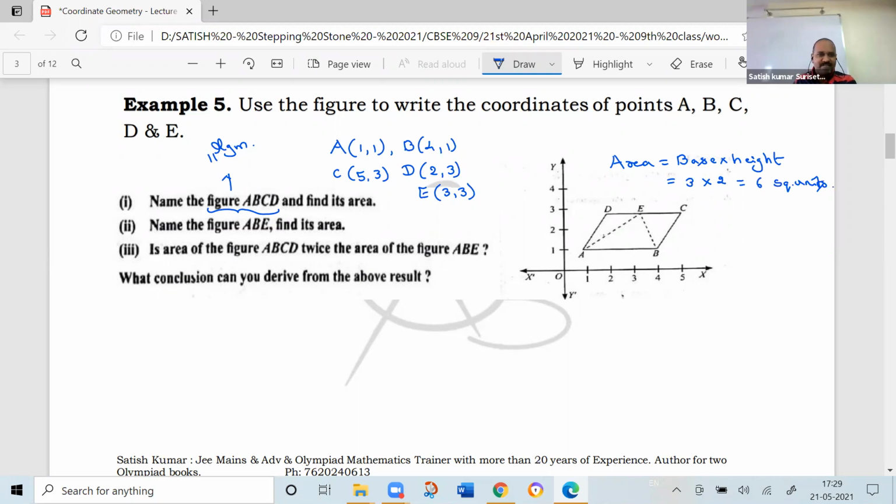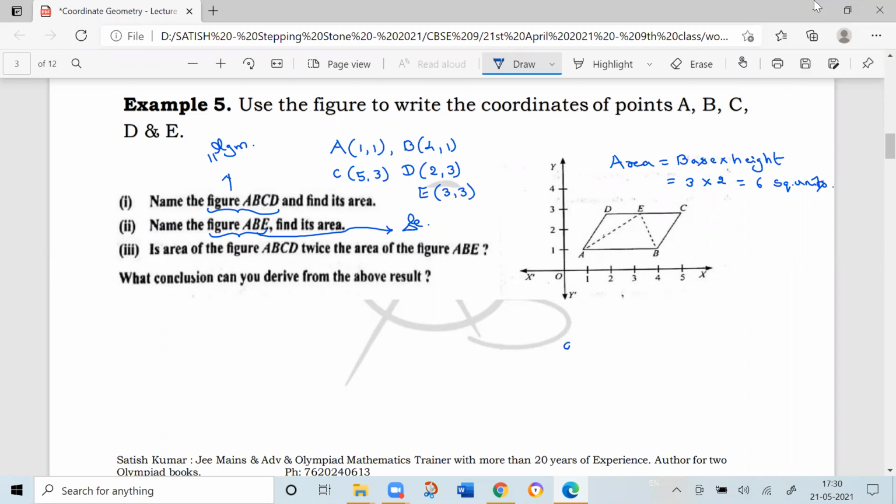Now, name the figure ABE. Should I answer? Yes. Tell me, Tasvika. It is a triangle. Now, how to find the area of a triangle?